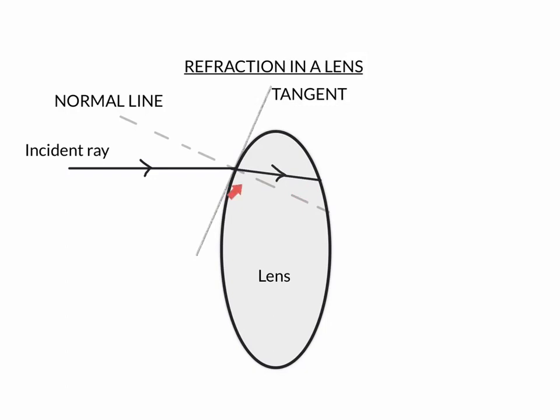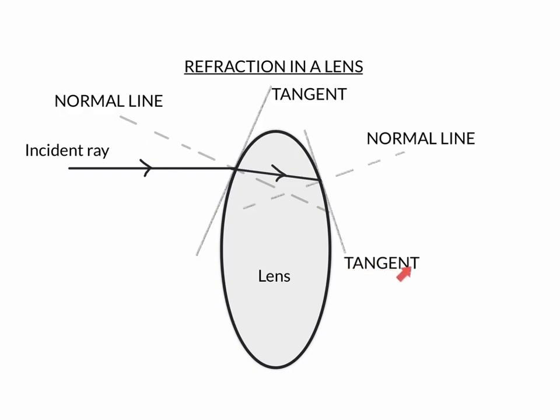In other words, in this case, it goes towards the normal line, so instead of carrying on along this line here, it bends closer towards the normal line until it reaches the other interface between the glass and the air, and then we do the same process once more.